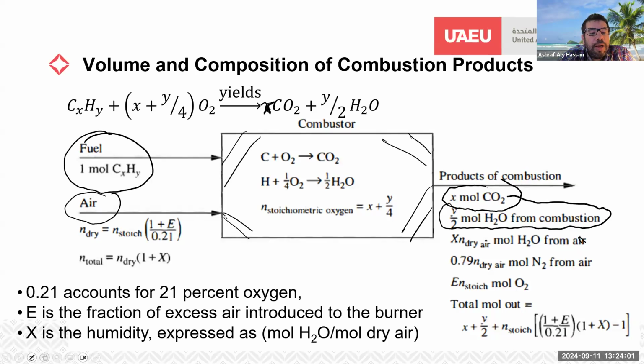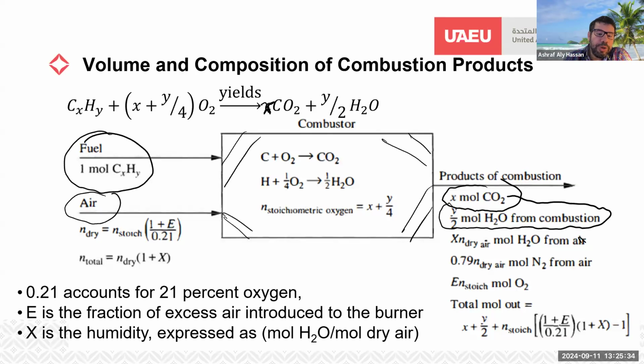There are other things that we really need to think about. There is dry and total N. So what are the dry and total N? Just take a second to think about that.